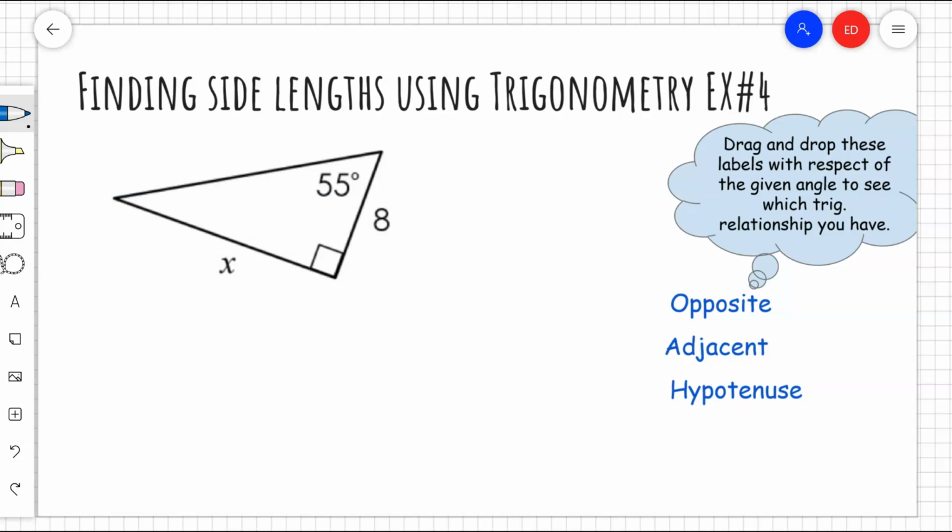All right, let's take a look at number 4. For number 4, we are going to start it off with SOHCAHTOA. Now with SOHCAHTOA, first step, name all the sides.